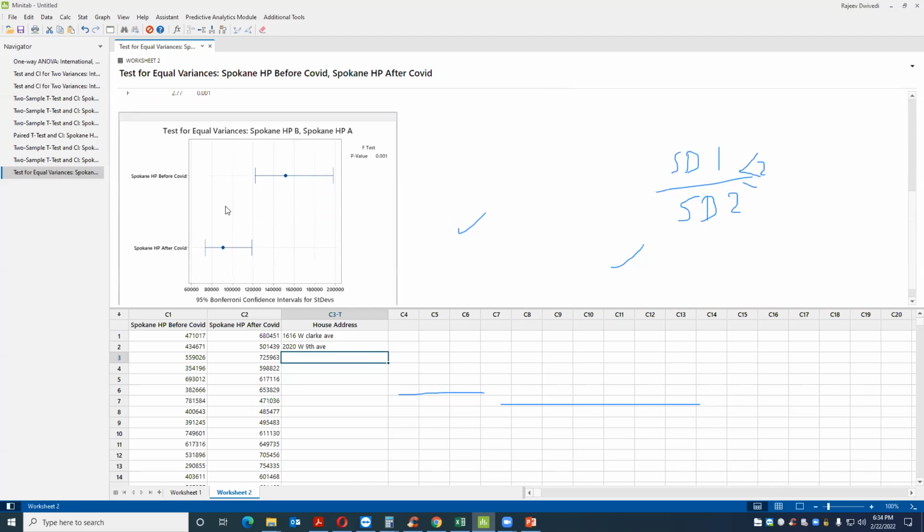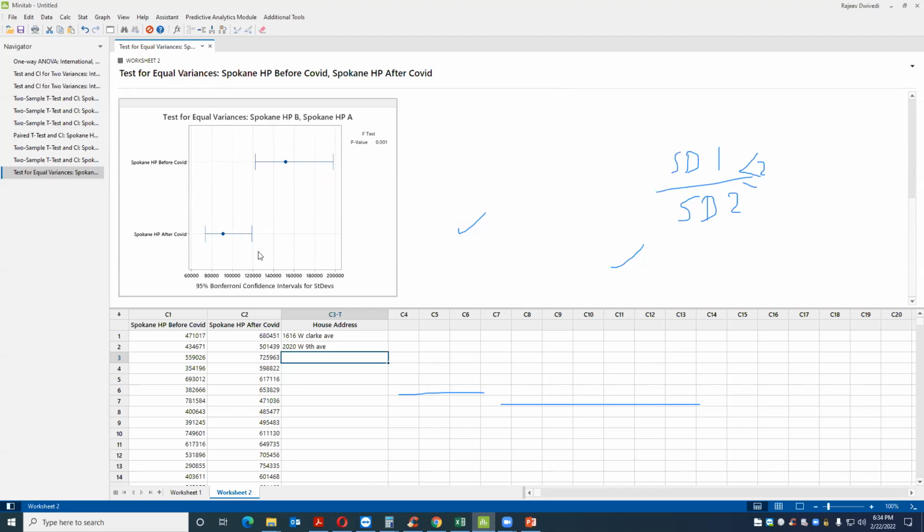0.001, you can see clearly, the higher prices. What do you conclude based on that? Okay, I'm going to show.